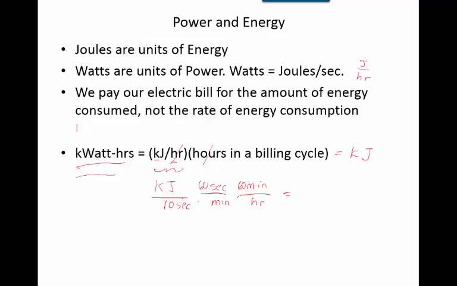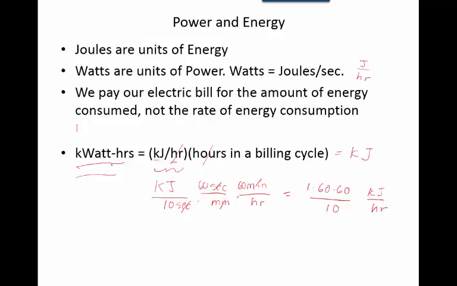If I keep doing that conversion, my seconds canceled out, my minutes canceled out, and I'm left with 1 times 60 times 60 divided by 10 kilojoules per hour.